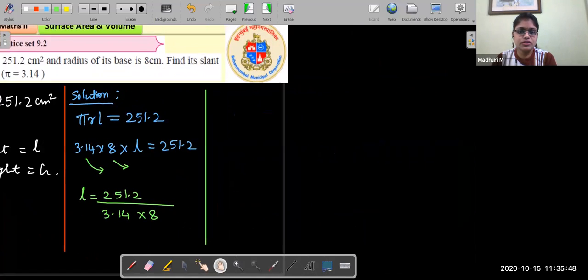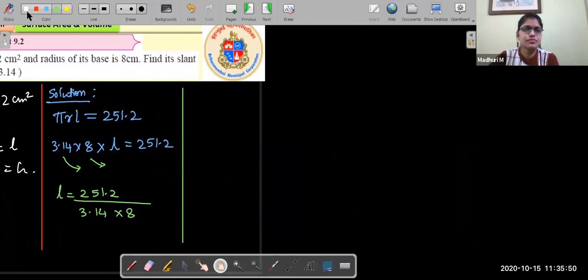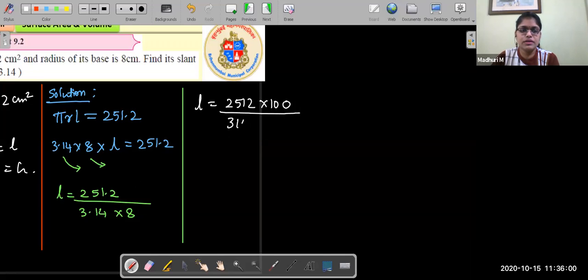So let us do the calculations. That will be L equals 2512 times 100, because there are 2 decimal places in the denominator, upon 314 times 8 into 10, because there is 1 decimal place in the top, right? Now we will just cross out zeros, right?